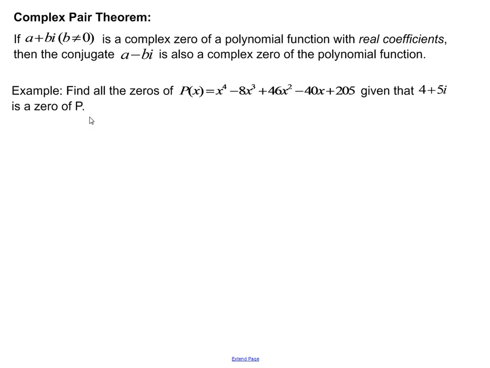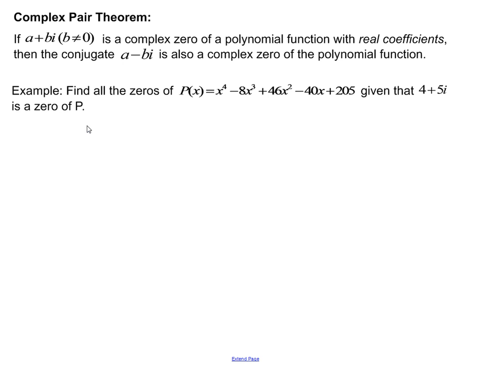So what's the implication? Well, let's look at our example. We've got p of x is this fourth degree awful looking polynomial, x to the fourth minus 8x cubed plus 46x squared minus 40x plus 205. We're given that 4 plus 5i is a 0 of p of x.